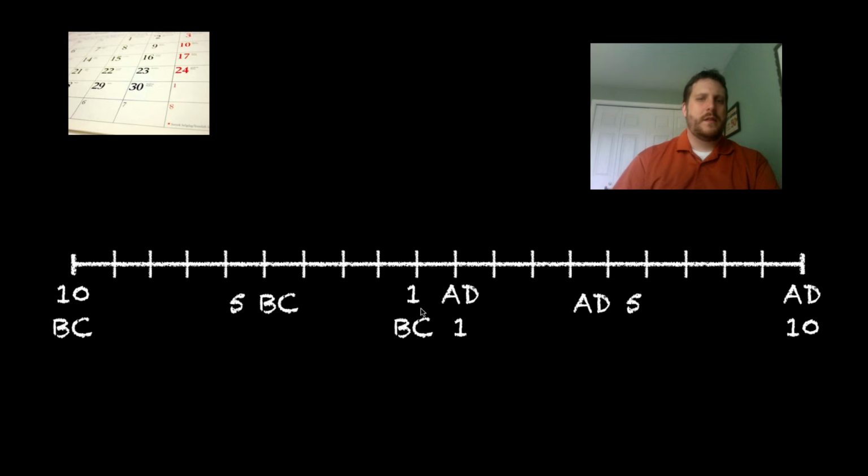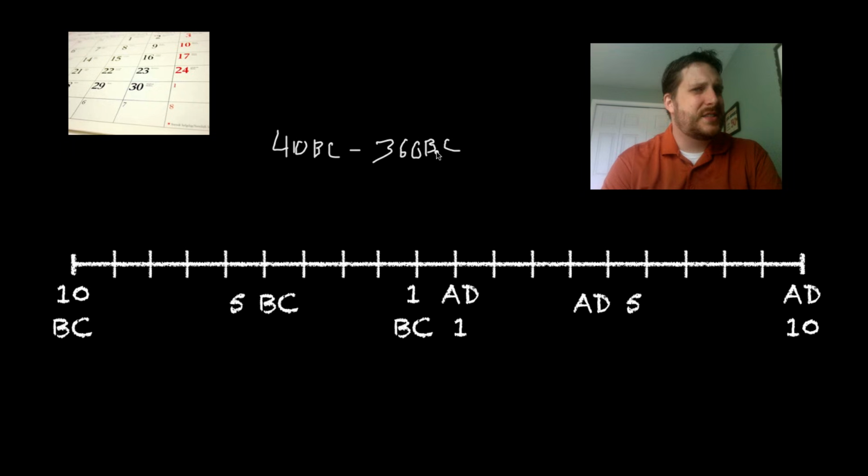That's important because it's possible you'll see a date range that will look like this: 410 BC to 360 BC. One of the questions I get a lot is, isn't that backwards? How do those times go backwards?